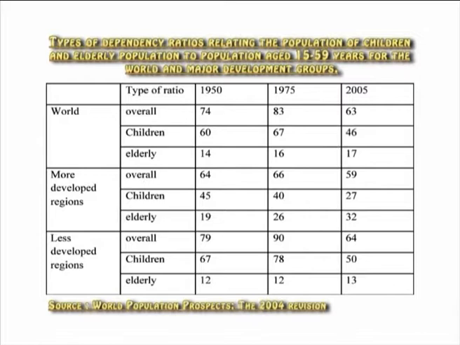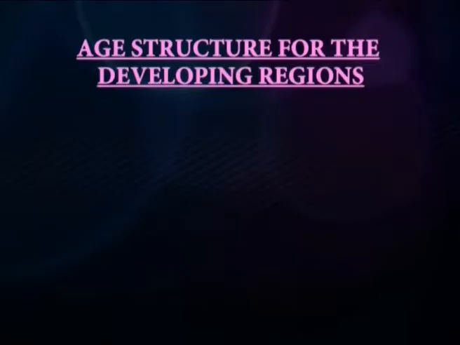By 2005, the overall dependency ratio in less developed regions stood at 64 and that of more developed regions was 59.